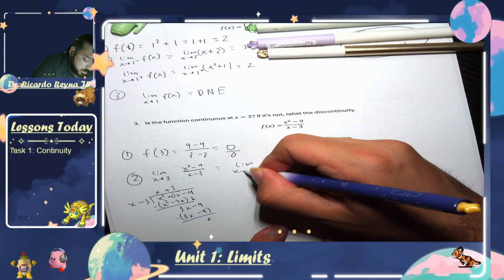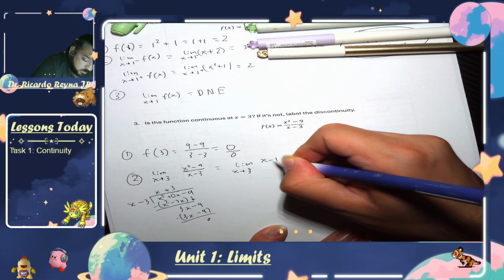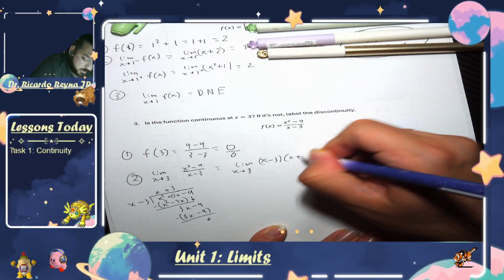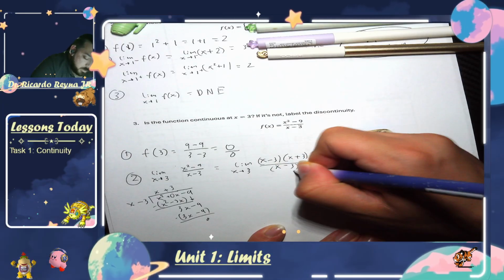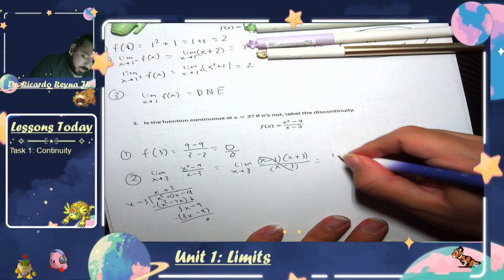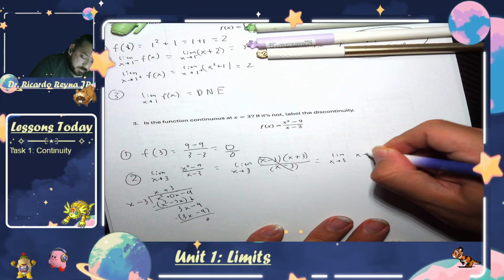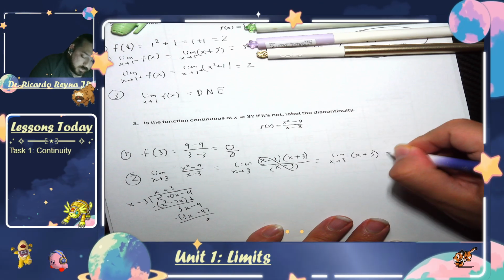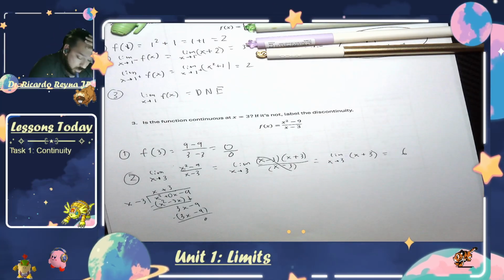And we can rewrite this as a limit of x minus 3 times x plus 3 on the top, and x minus 3 on the bottom. Those cancel out, and we're left with x plus 3. Using substitution ideas, we see that the limit is 6 in that case.